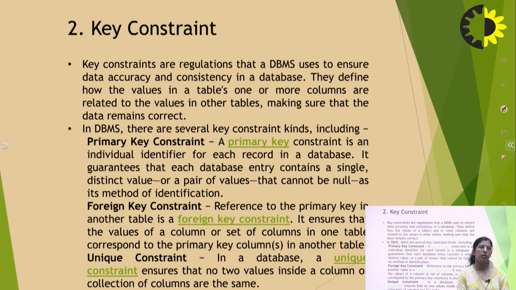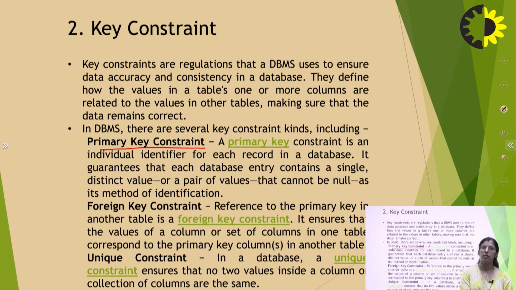In DBMS, there are several key constraint kinds, including the first one, primary key constraint. Primary key constraint is an individual identifier for each record in a database.